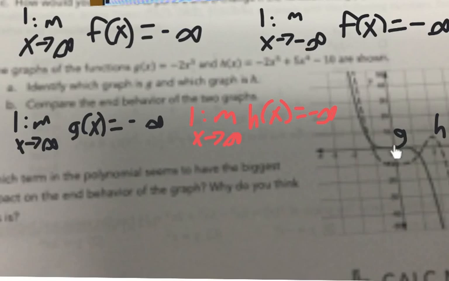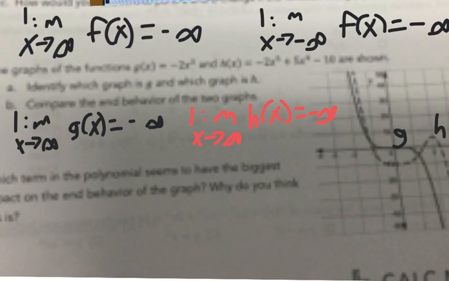As the limit as x goes to negative infinity, as the x's get smaller and smaller, what's happening to the y values? As x goes towards negative infinity, the y values are increasing, which means we're going to positive infinity. So we could say the limit as x goes to negative infinity of g of x is positive infinity.